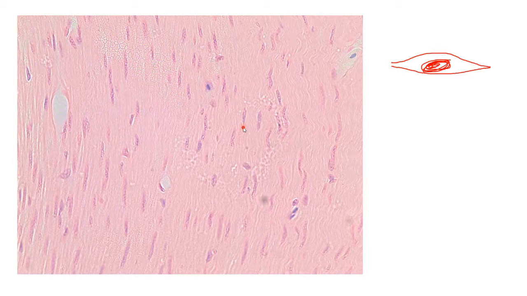Because when we look at dense, regular connective tissue, you're still going to see a lot of these squigglies of these cells. But in dense, regular connective tissue, the cells are squeezed really, really thin. So the fact that I see these wide nuclei that you can see here with the little spots inside of them, that's because they have space, because they're expanded.